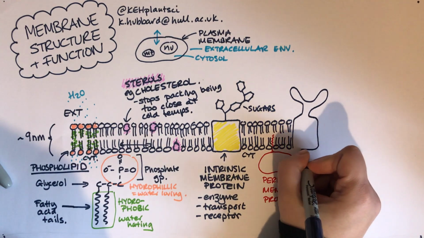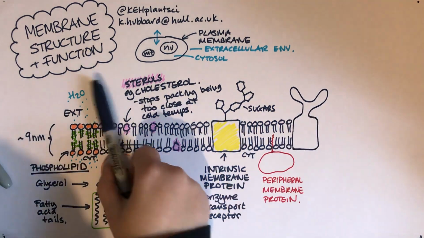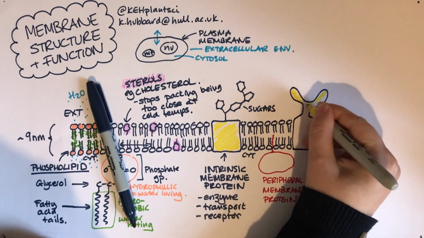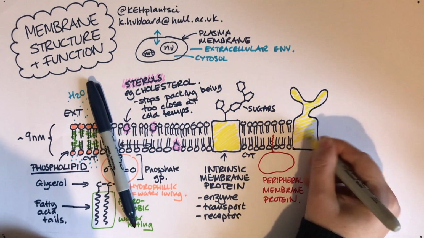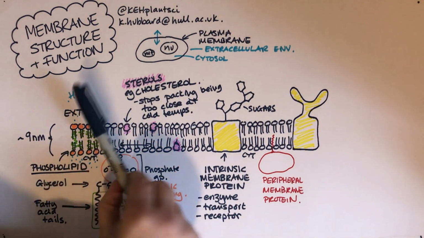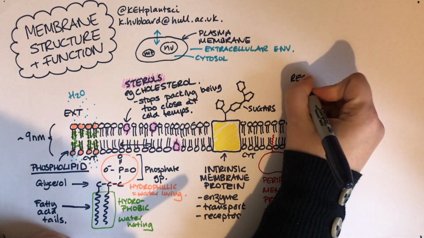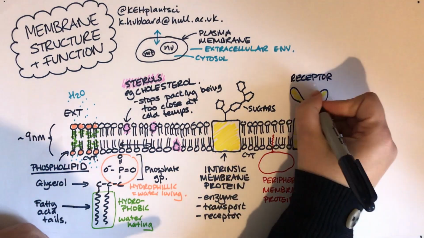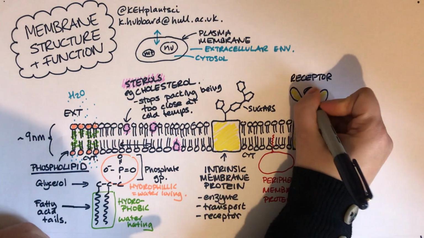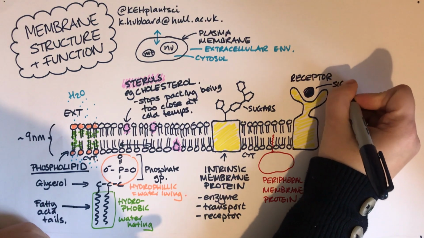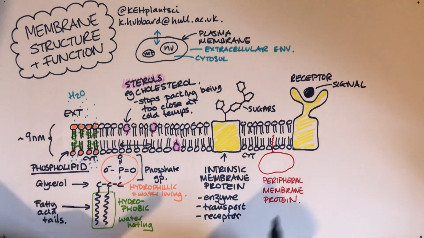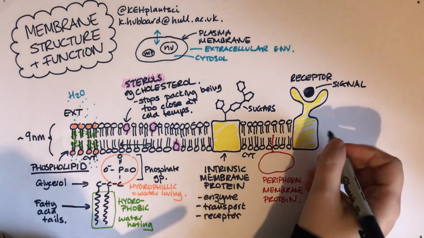So here's another intrinsic membrane protein, but this time it's got a domain on the outside. Let's colour that in yellow, because it's an intrinsic protein. This might be a receptor. So you might have a signal that comes and binds to a receptor, which is an intrinsic membrane protein.